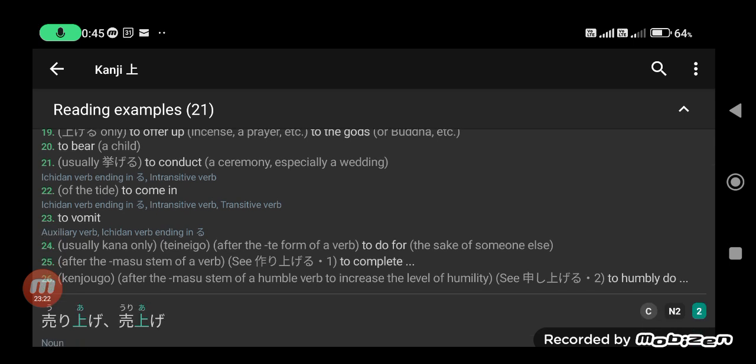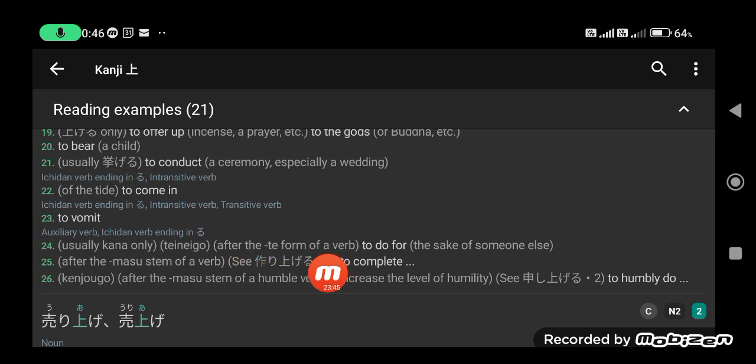Okay, so how about this? Usually written in kana, in the teinego form of speaking, usually after the te form of a verb. Minasan, the te form of the verb is just like the past tense, but instead of placing ta, you replace the ta with te. So that's already a te form of the verb.